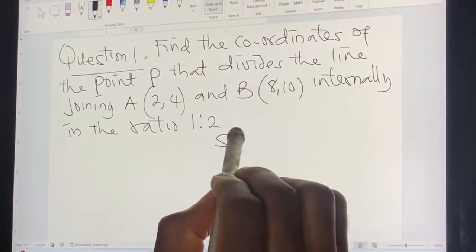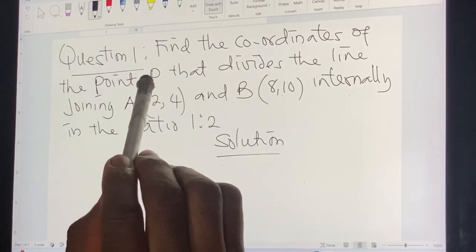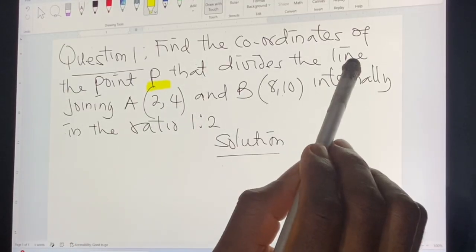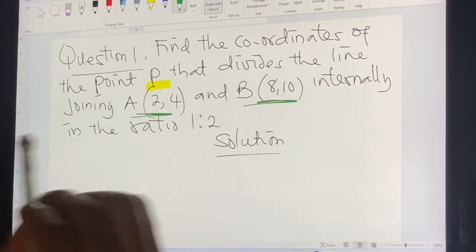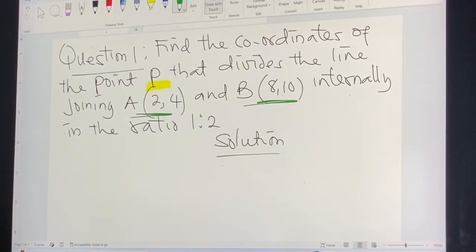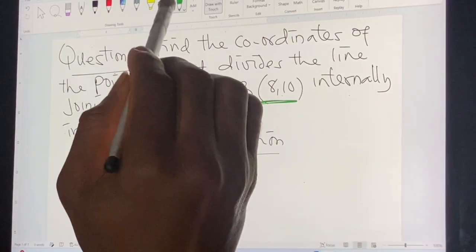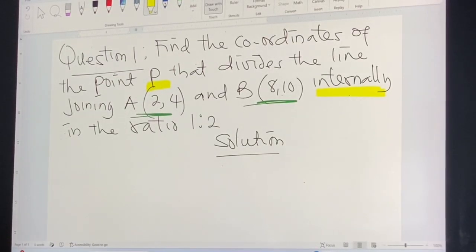All right, they said this point P divides the line. These are the two lines here, this and this. The question now is, how does it divide the line? It divides the line internally, that's internally inside, okay? So if the point divides the 2 points internally, we call it internal division. Please take note of this, okay?